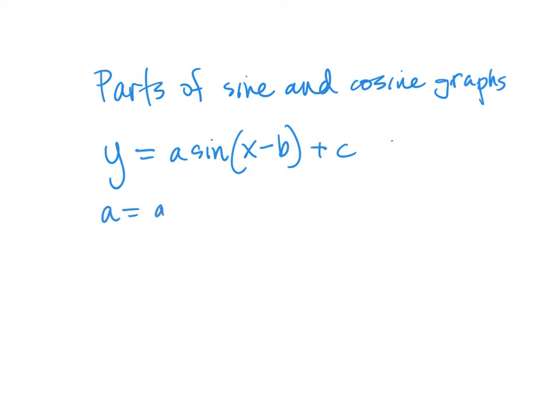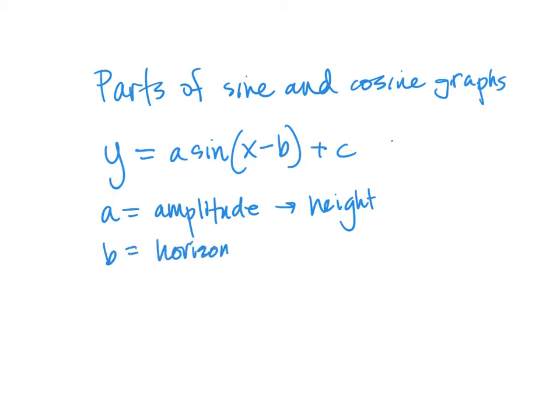The A stands for what we call amplitude, and this is basically the height of the graph. And the B is what we call the horizontal shift, or phase shift, and this is going to be left and right.